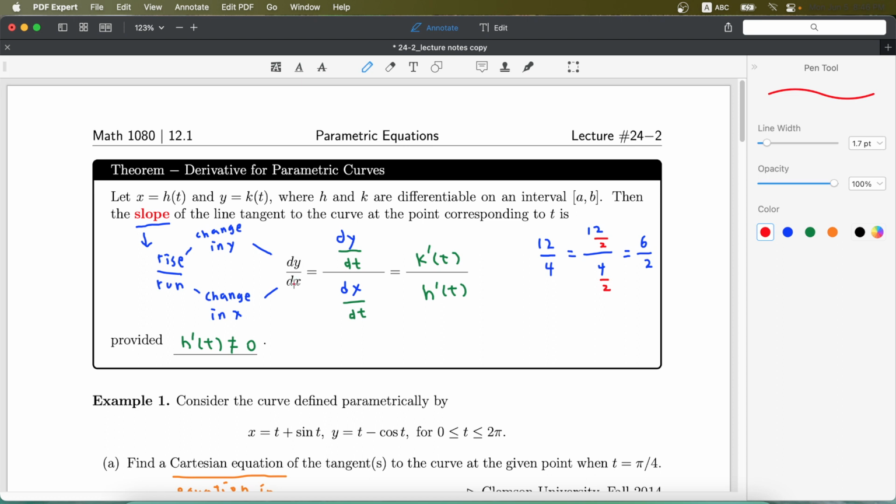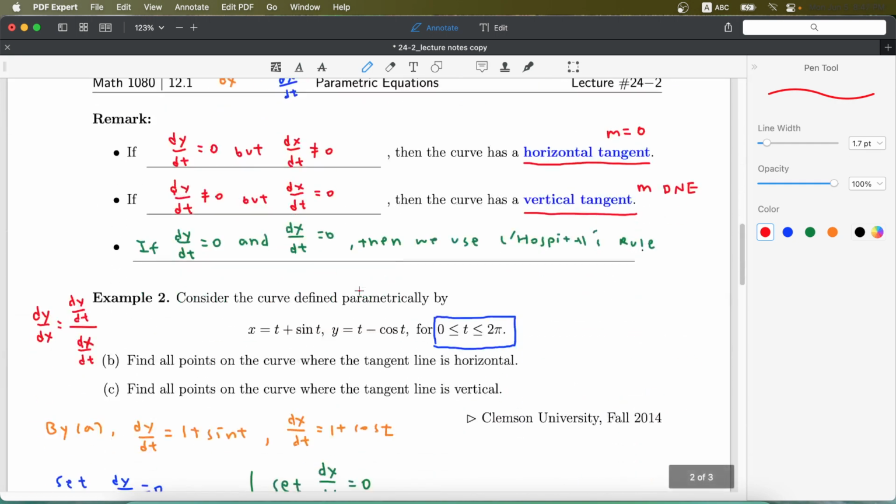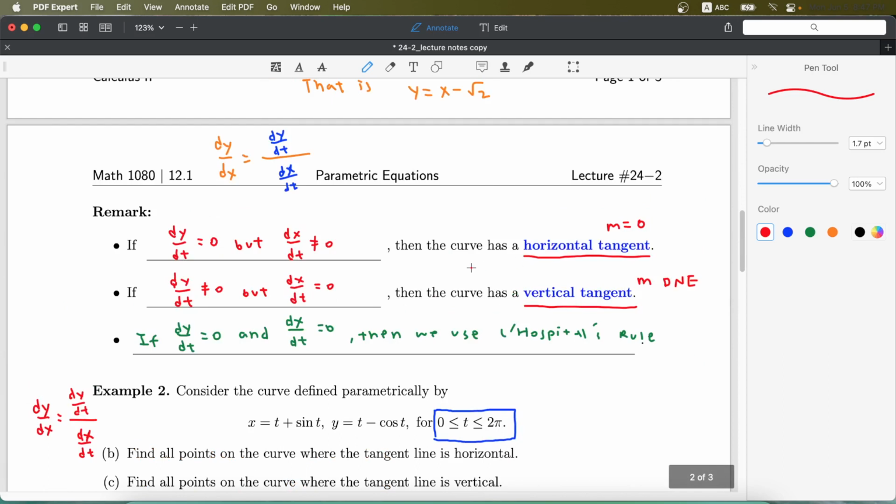To find dy over dx, you simply divide both top and bottom by the same dt. So you have dy over dt on top and dx over dt at the bottom. That's the slope. We also talk about how to find horizontal tangent lines and vertical tangent lines.